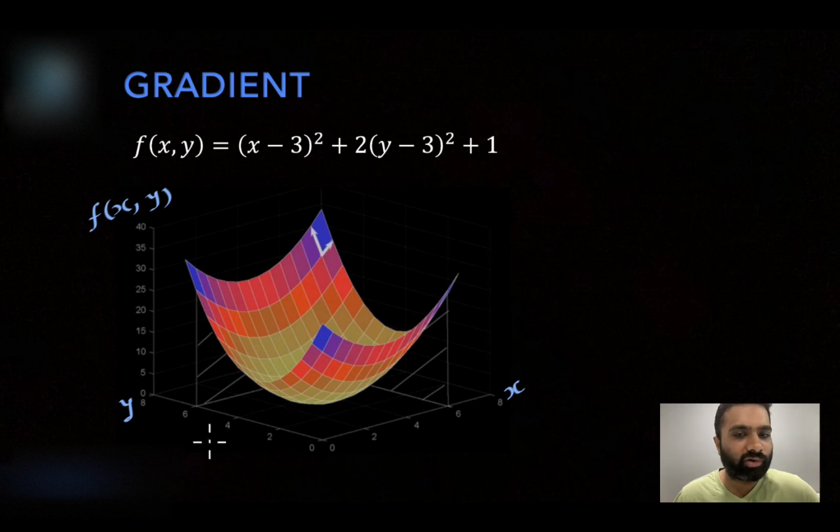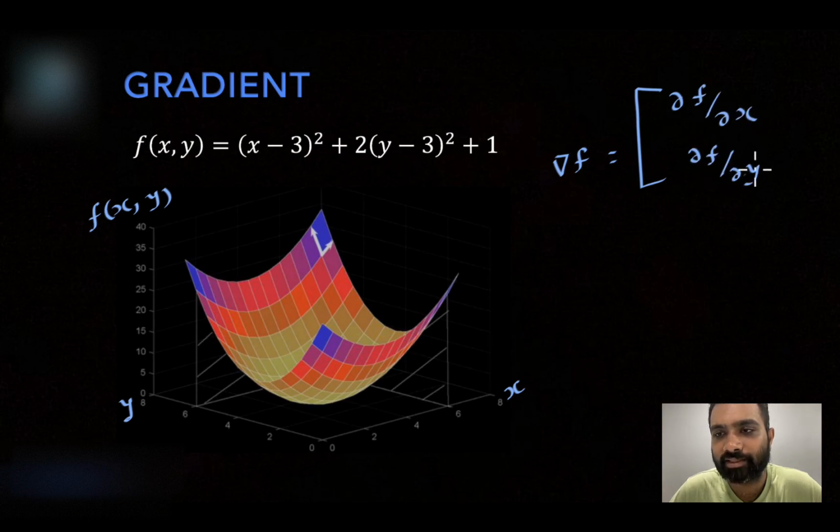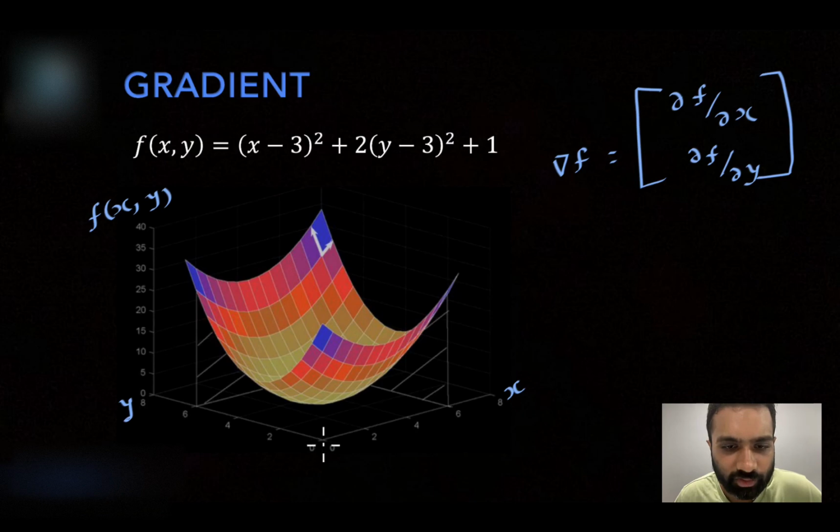Now what will be the gradient at various points? Let's try to analyze these gradients. By definition, the gradient of f is a vector: del f by del x and del f by del y. Please note, this is 0, this is 2, this is 4.